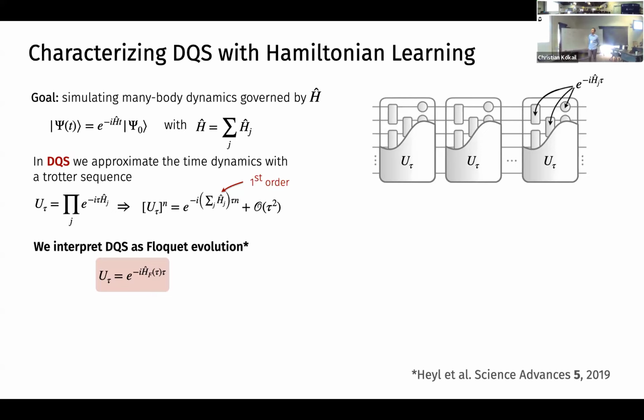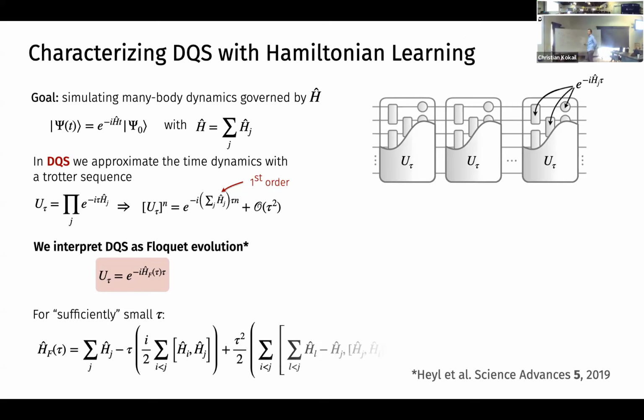This is accurate to order tau squared, and you can interpret this as a Floquet problem. You can write this Trotter block as e to the minus i H_F tau. This is related to the effective Hamiltonian Francisco was talking about.